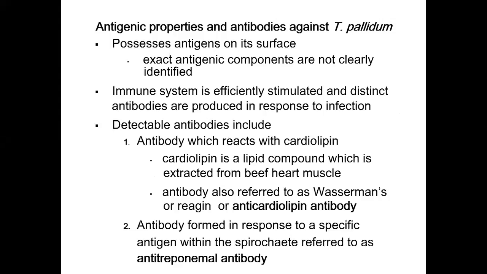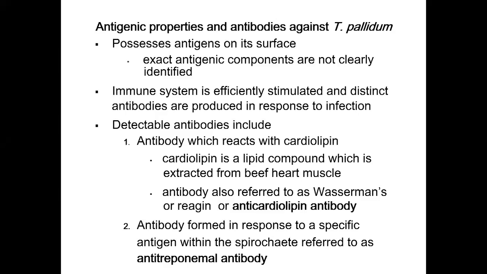Antigenic properties and antibodies against that organism. When it comes to its antigenic properties, it is known that they exist, but picking on them and analyzing them has proved difficult. Basically, again, because of the delicate nature of the organism, dissecting it and getting these antigens and studying them has proved to be difficult and it has not been done.